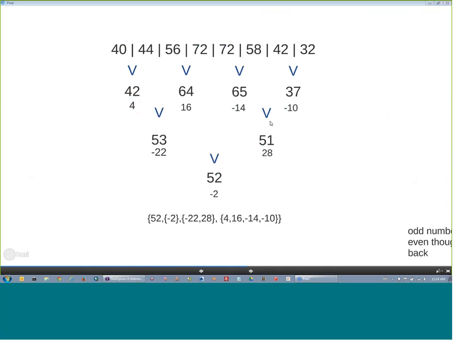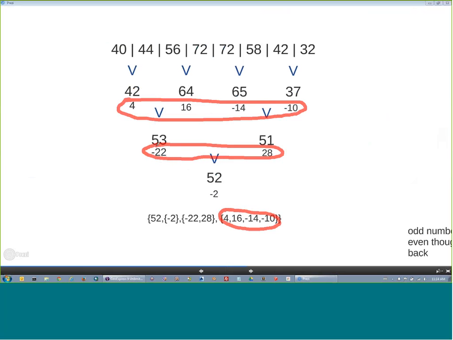Now, what we're going to store is the differences, which would be all of these values. We're going to store these 4 values right here, and we'll call that a subband. Each one of these levels that we do, we're going to store as a separate subband. And again, the final level here is a subband.